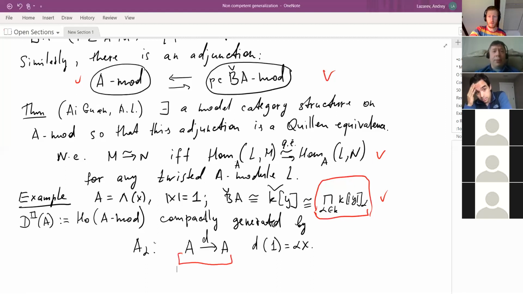Yeah, that's the one. So the twisted modules are now the cofibrant objects in this model structure. Yes. So if you look at the de Rham algebra or the Dolbeault algebra, then indeed there is a cofibrantly generated model structure of modules over it, which has this natural geometric meaning.